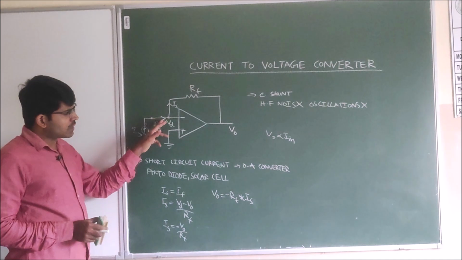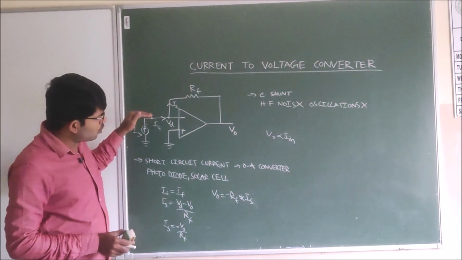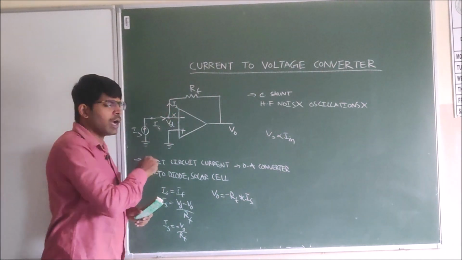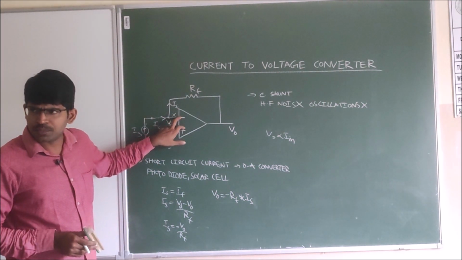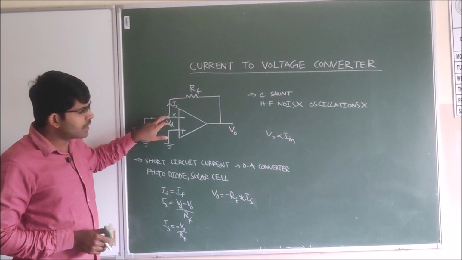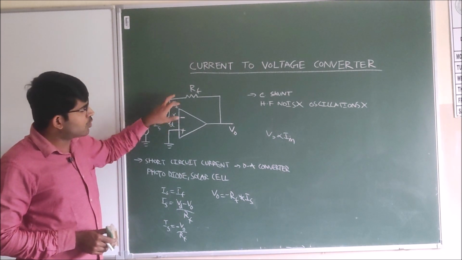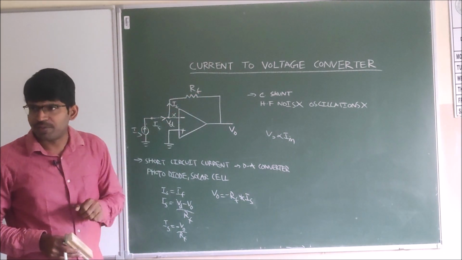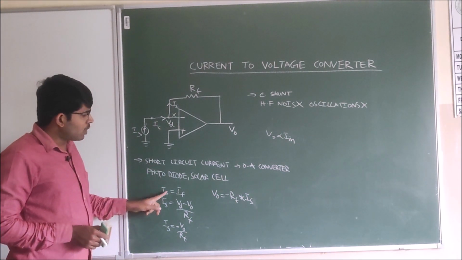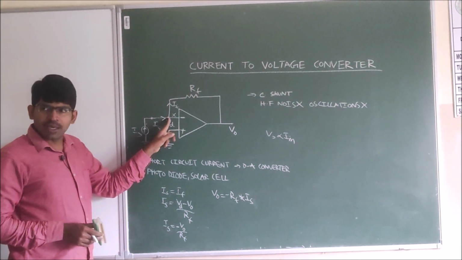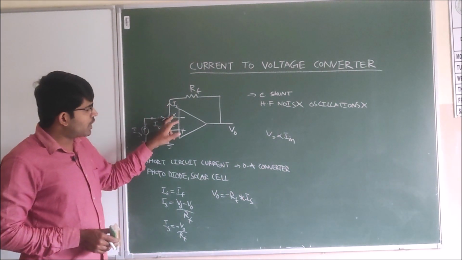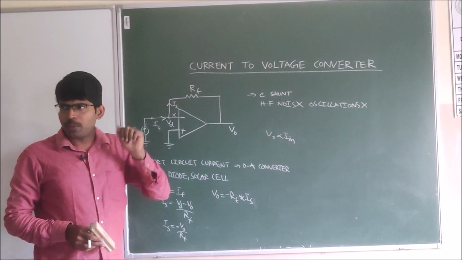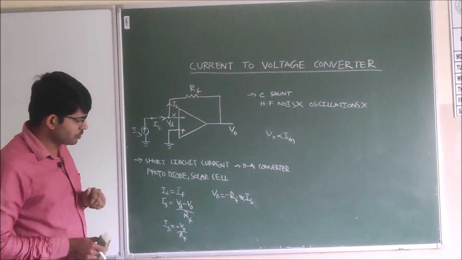So this current IS must be equal to IF, because there is no current entering into the op amp because of its high input impedance. The current entering at node D is completely going towards the feedback resistor RF, without any current going towards the op amp inverting terminal.